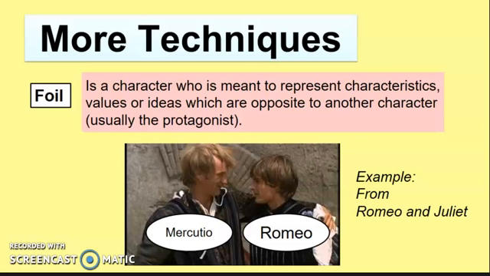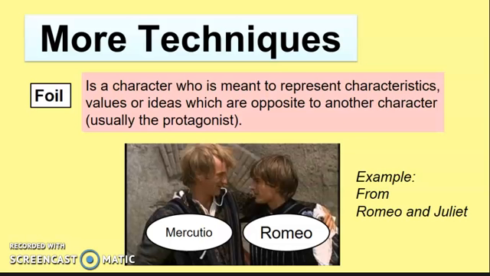The antagonist is in direct conflict with the protagonist and presents obstacles to the protagonist achieving his or her goal. Now, the foil, on the other hand, is not necessarily working in opposition to the protagonist. A foil is simply a person that has qualities that are different from the qualities of the protagonist.